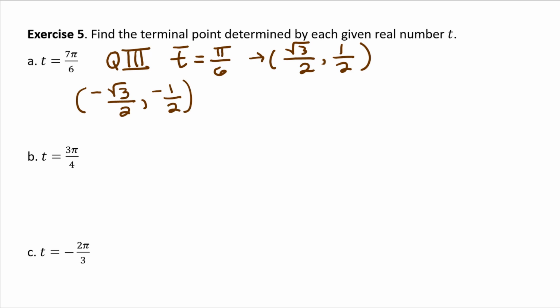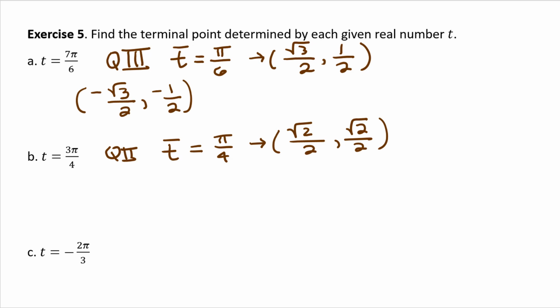B. t equals 3 pi over 4. In a previous exercise, we determined that t equals 3 pi over 4 lies in the second quadrant, and the corresponding reference number, denoted t bar, is equal to pi over 4. We computed the terminal point for pi over 4 and found that to be (square root of 2 over 2, square root of 2 over 2).